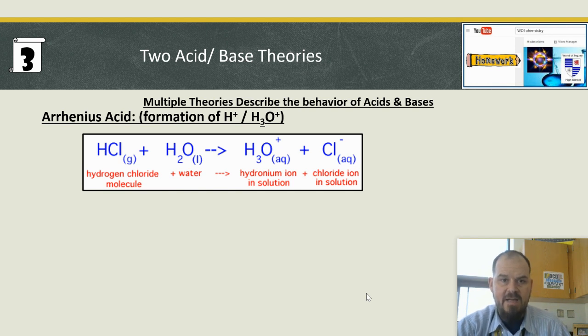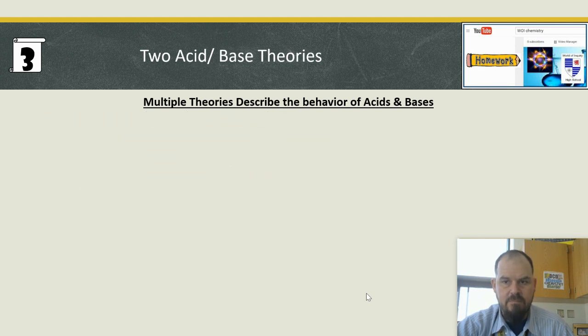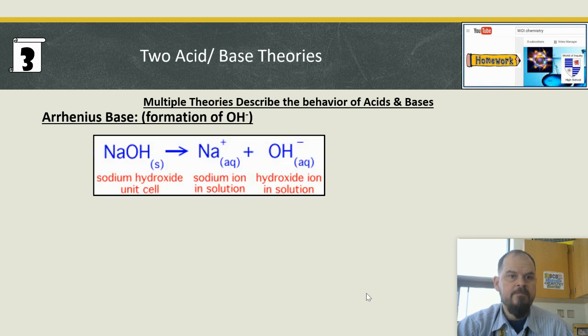So this is the formation of an acid. You see how H3O plus is on the other side when the H comes off of this HCl and goes onto the water. So yes, you do have to write that. Oh, I see there's a whole space, so we're not even under general rules.